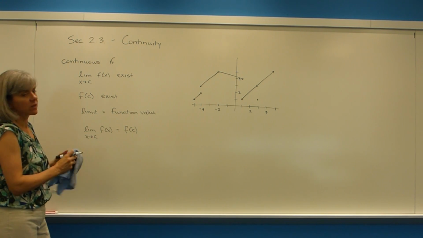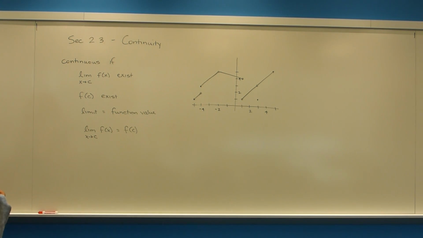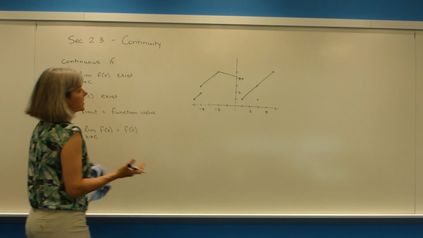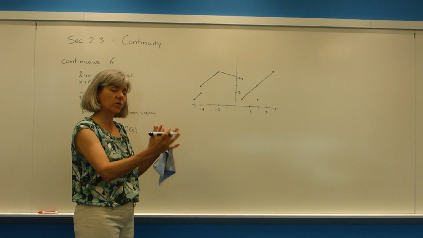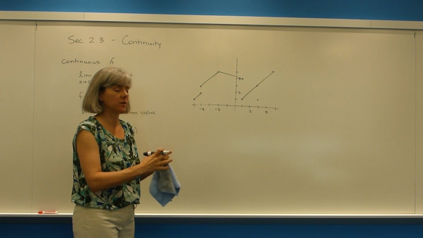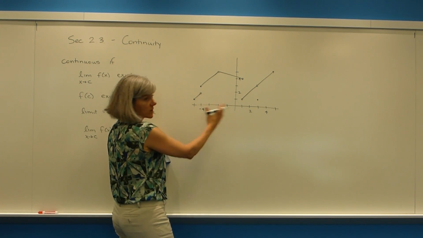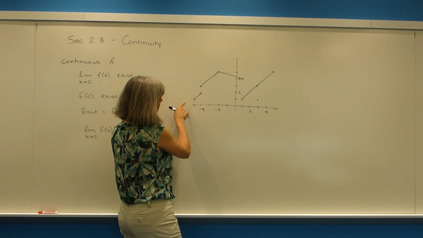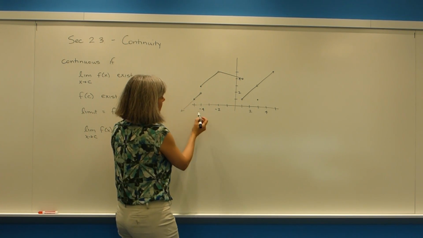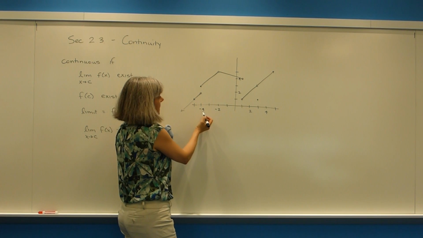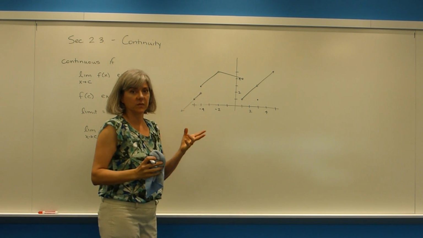Okay, so let's take a look at this and see where it's continuous and where it's not. Let's first identify where it's not continuous, and then we'll write all of the intervals where it is continuous. So let's just start walking along. So here, this looks like it's going to continue on forever. So that seems okay. We get to this point at -4, and we have clearly a problem.